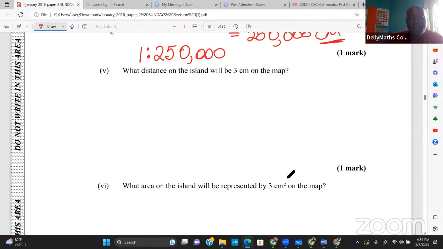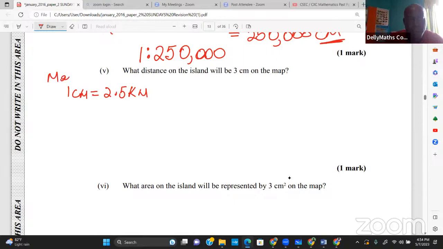The next question says, what distance on the island will be 3 centimeters on the map? Listen to what they're saying. But remember that we have the relationship already. We already know that 1 cm is equal to 2.5 km.